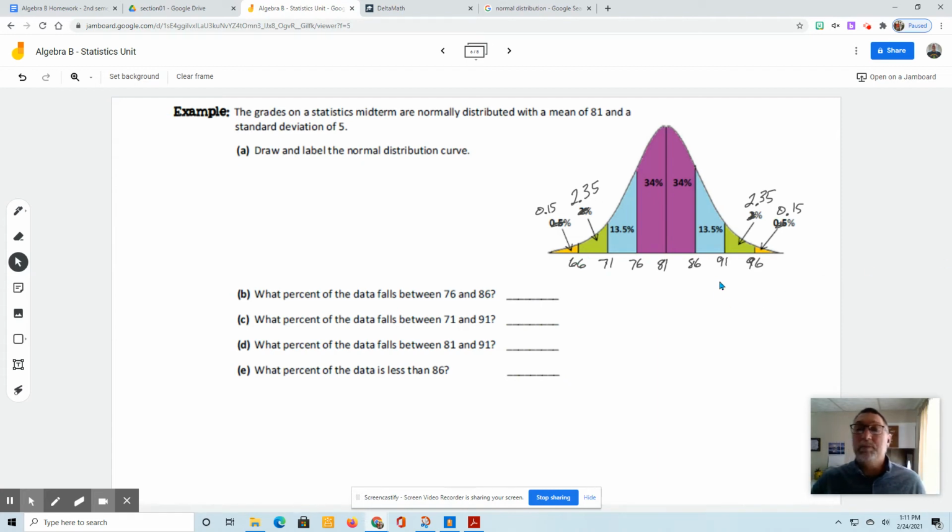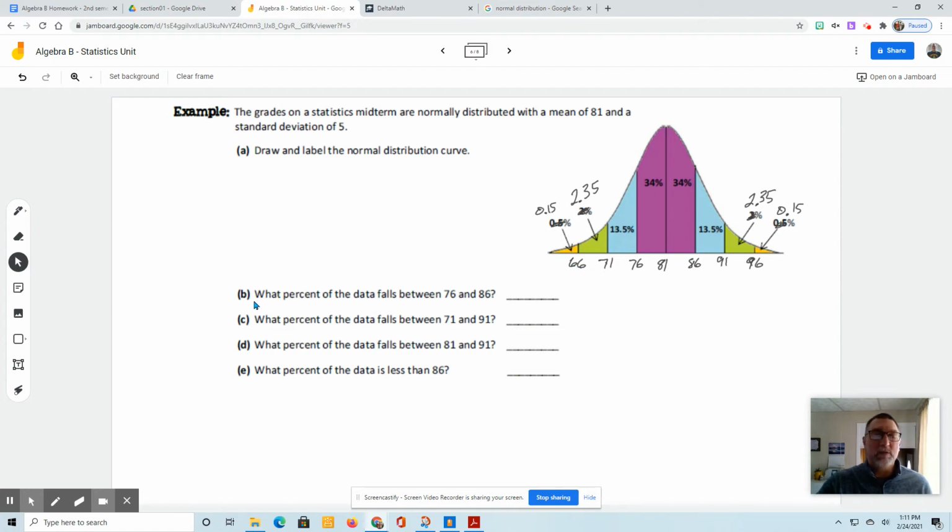So those are our numbers for the mean, one standard deviation above, two standard deviations above, three standard deviations above. So when we say +1, +2, +3, we mean those many standard deviations above the mean. And then the other way, 76 is 1 below, 71 is 2 below, and 66 is 3 below.